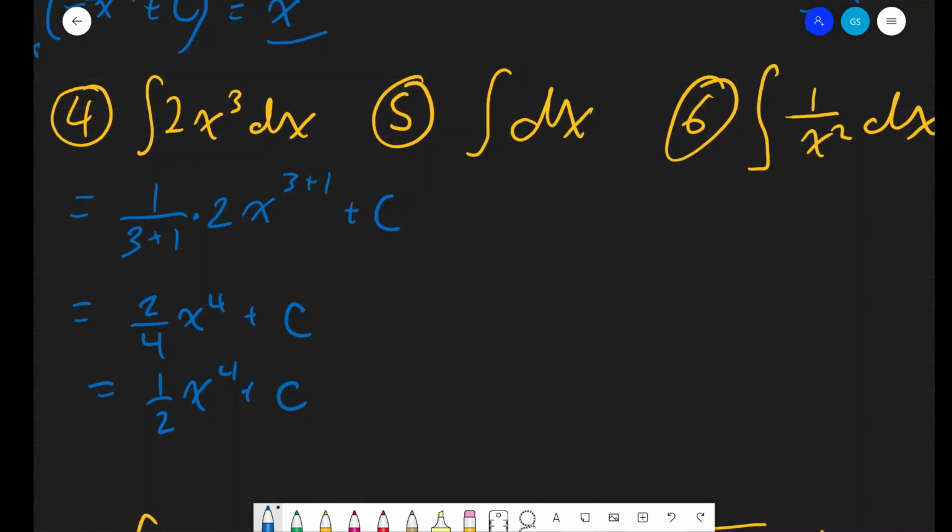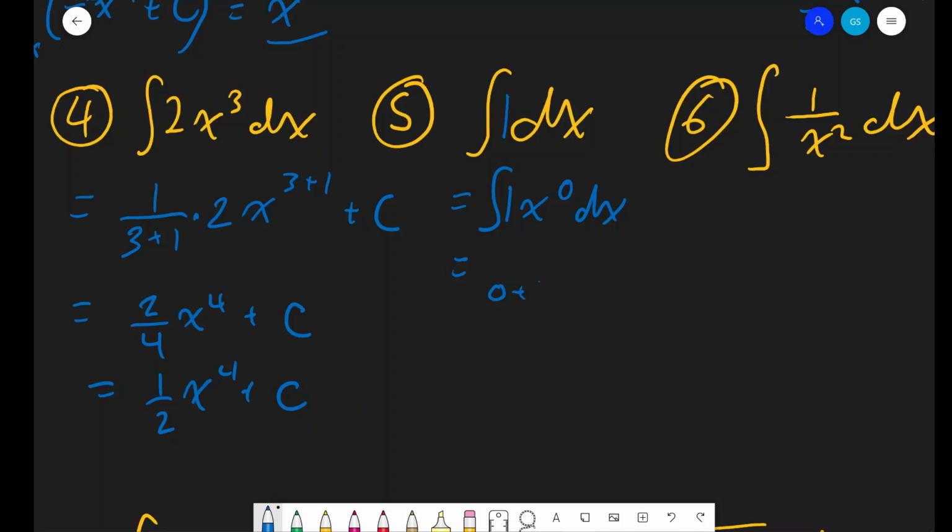Now, this is an interesting one. It may look tricky or may not to you, but this one's actually pretty straightforward. What you have here is actually a 1. You're integrating a constant 1. Now, the way you can approach this is you can write 1 times x to the 0 dx, integrating that. x to the 0, because anything to the 0 is just 1. And then you can apply that rule we just learned.